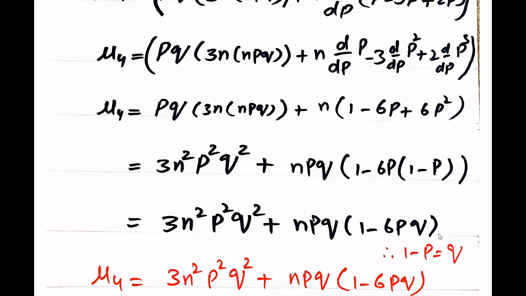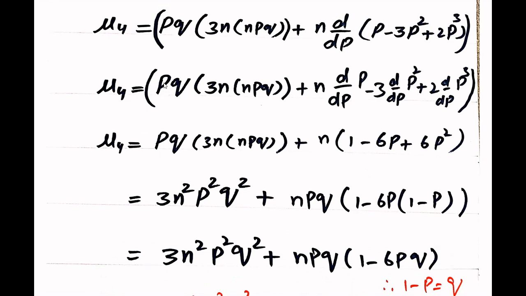This is the fourth moment about the mean, because this pq multiplies both these terms. When you multiply pq, in this term we have 3 n square p square q square, and this pq also multiplies this term npq. So 1 minus, taking 6p common, when you take minus 6p common, we are left here with plus 1, because we take minus 6p common.